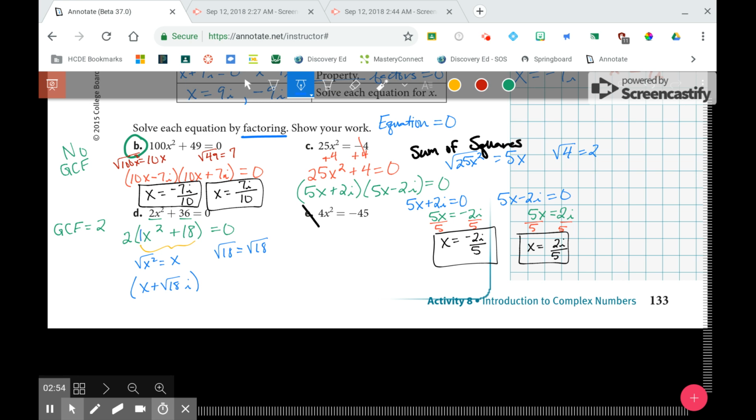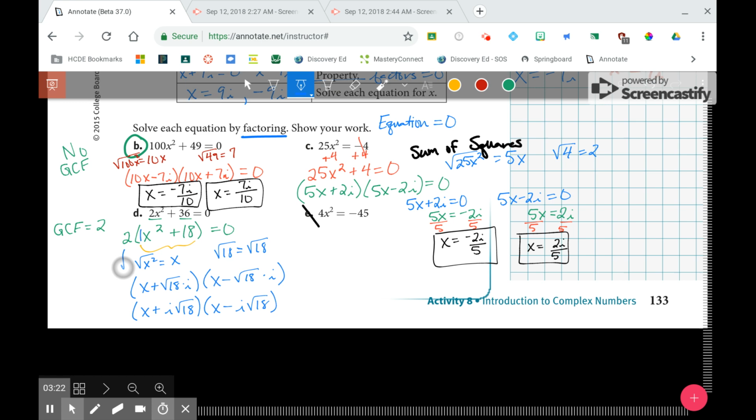If you want to make sure there's no confusion about where that i is, another way you could write this factor would be x plus i square root of 18. This is really the better notation, having the i in front, just so there's no confusion. So then the other factor is almost exactly the same, except you're subtracting. So it's that negative square root of 18 times i, or another way to write that would be x minus i square root of 18.